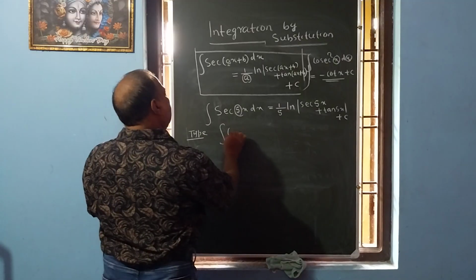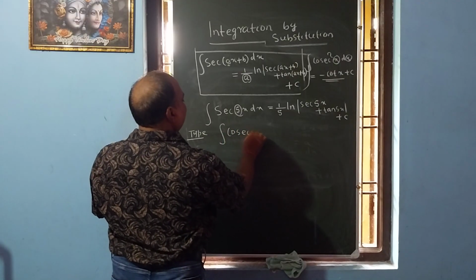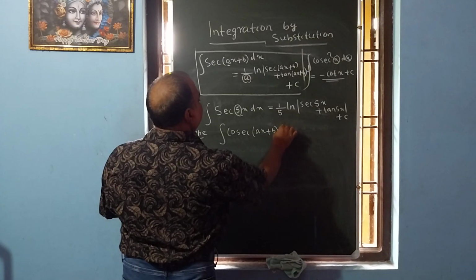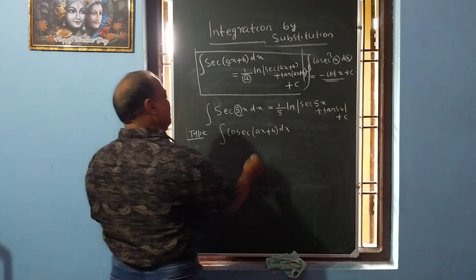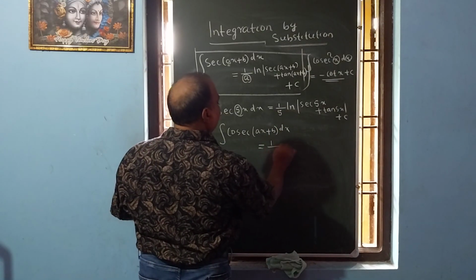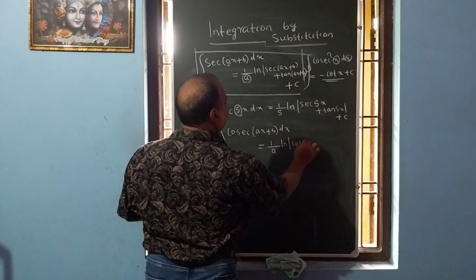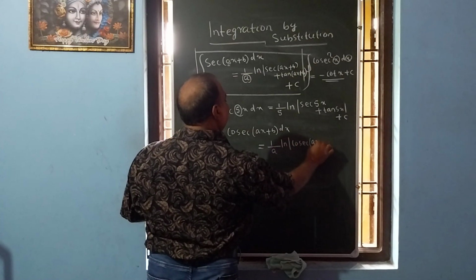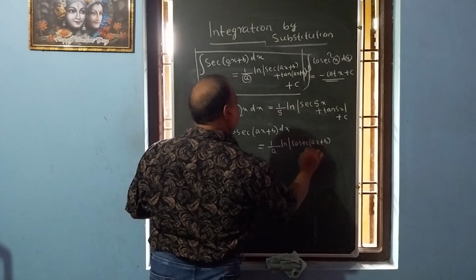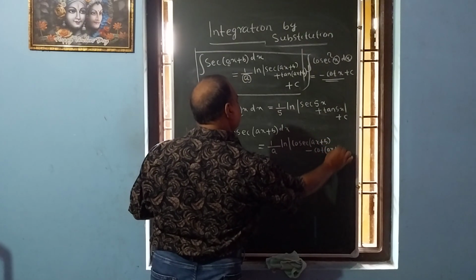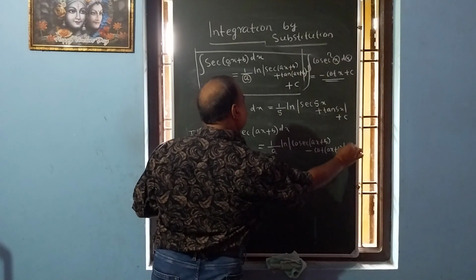Next, another type. Integration of cosec (ax plus b) dx. The formula is 1 by a ln of (cosec (ax plus b) minus cot (ax plus b)) plus c.